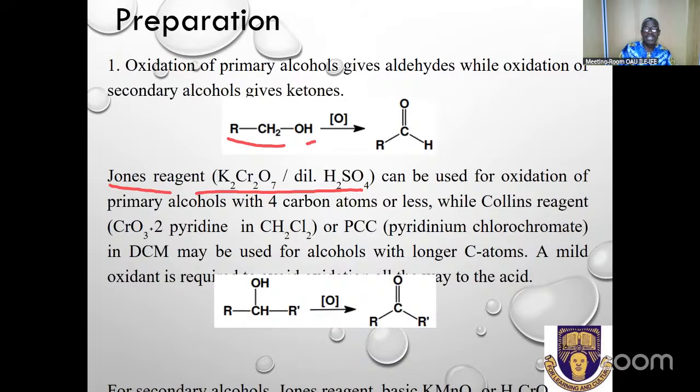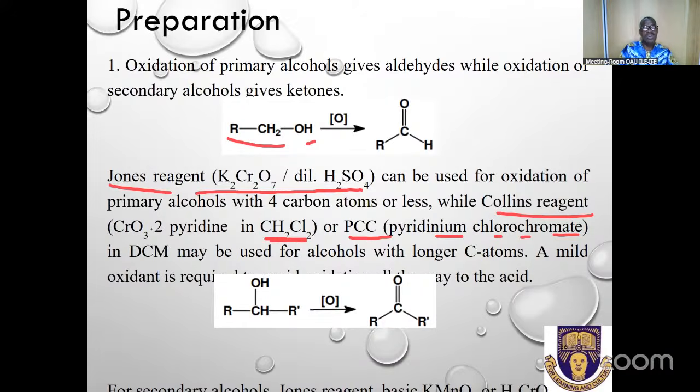aldehyde. This Jones reagent can be used for oxidation of primary alcohols with 4 carbon atoms or less, while Collins reagent, which is chromic oxide plus 2 pyridine in dichloromethane, or what we call PCC, pyridinium chlorochromate in DCM, DCM being dichloromethane, can be used for alcohols with longer carbon chains.